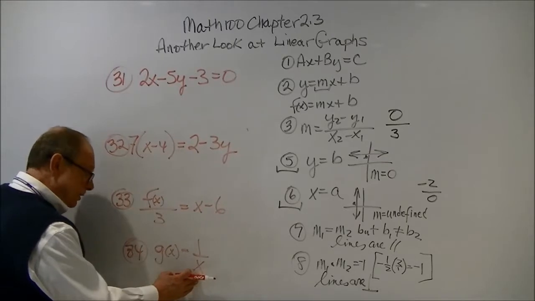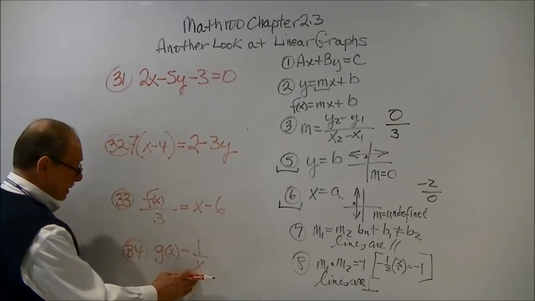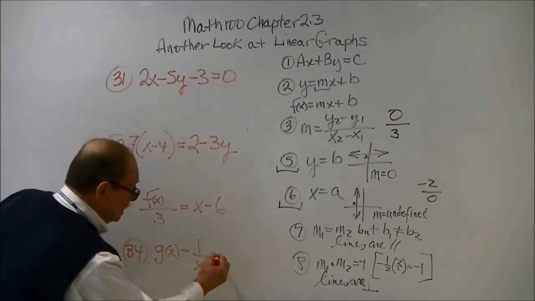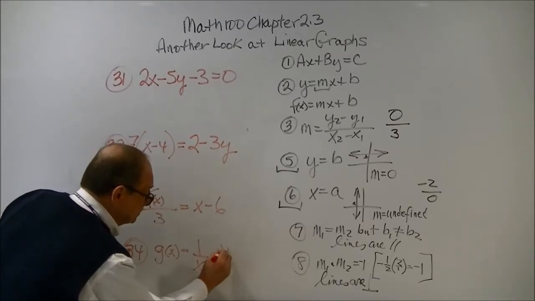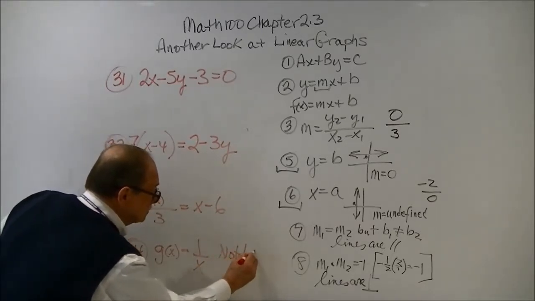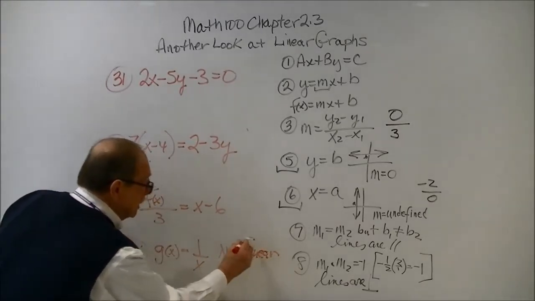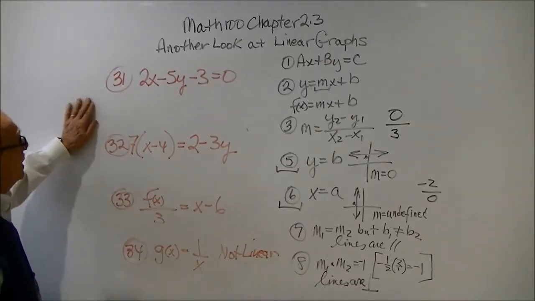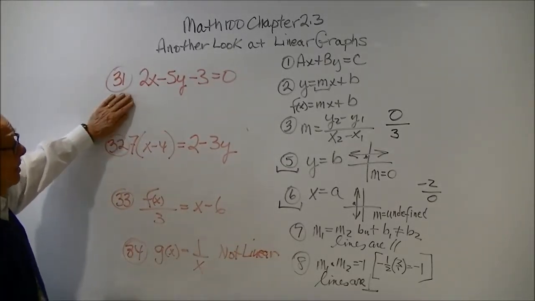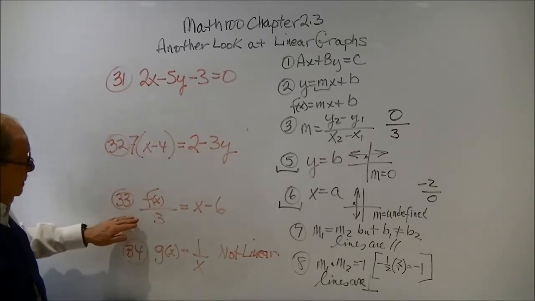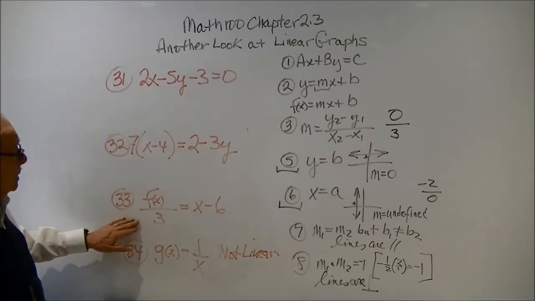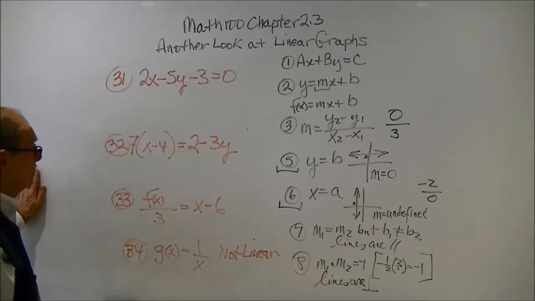When you have a variable in the denominator like this, it is not linear. And for these others, they also want us to find the slope. These equations are linear, but they want us to find the slope.